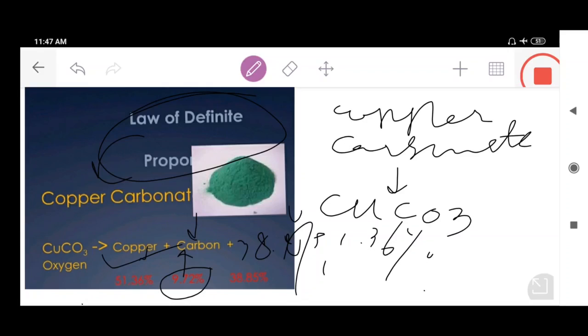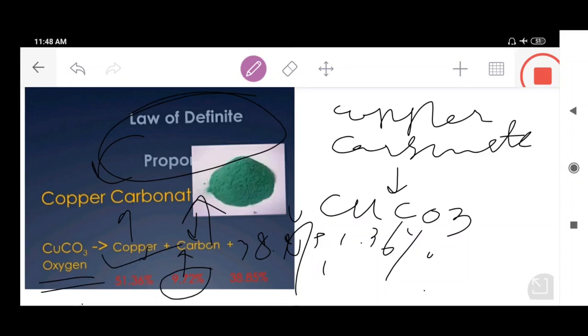So to make copper carbonate, the ratio should be 51.36% of copper reacting with 9.72% of carbon plus 38.85% of oxygen. Copper is one element, carbon is another, oxygen is another. Elements are made up of a single type of atoms, and when these elements combine with each other, a compound is formed.